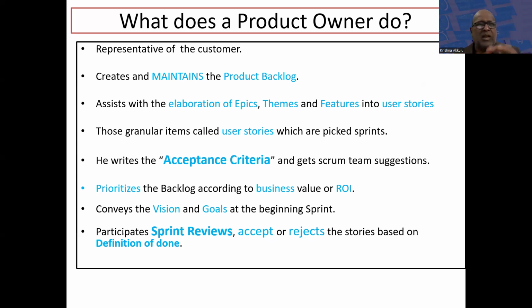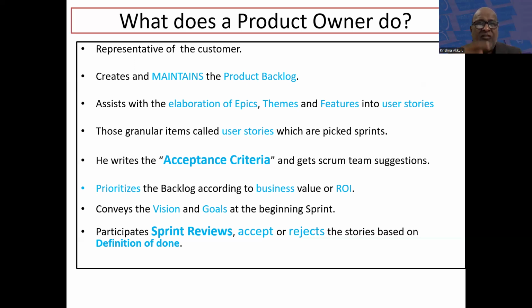Let us say on the product backlog there are 100 stories listed, but we are not going to work on the first story first, and the second story next, and the third story next. Like that, we are not going to do. The product owner can decide what the order should be. Sometimes the customer comes and says, "Hey, the 50th story is important for the next sprint," because some vendor or customer wanted a high priority, right?